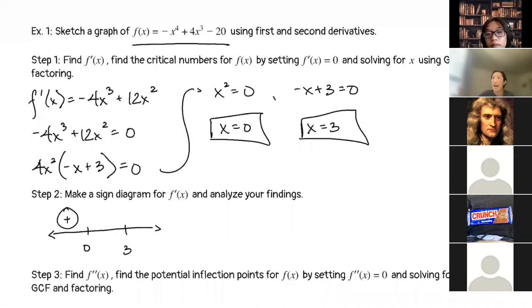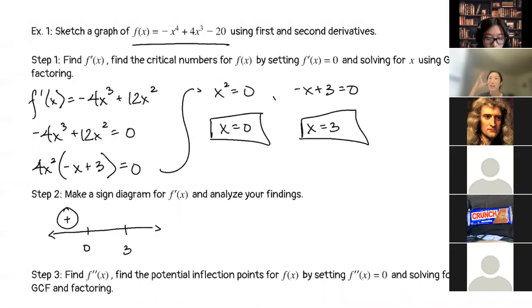Now we rinse and repeat. I want you to pick your favorite number between 0 and 3. David can be fancy, he can say, I'm going to pick 11/14, whatever you want.